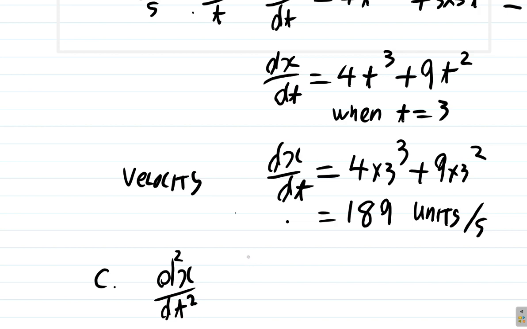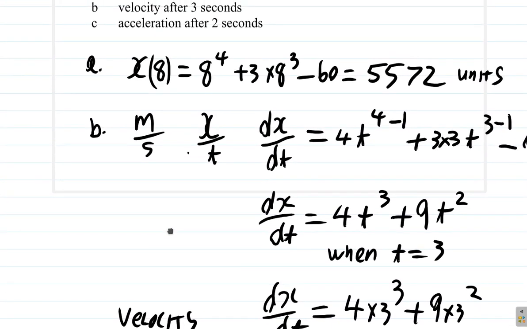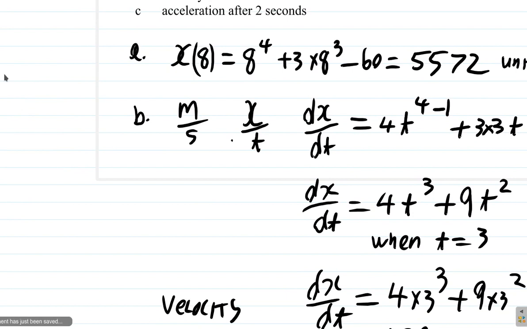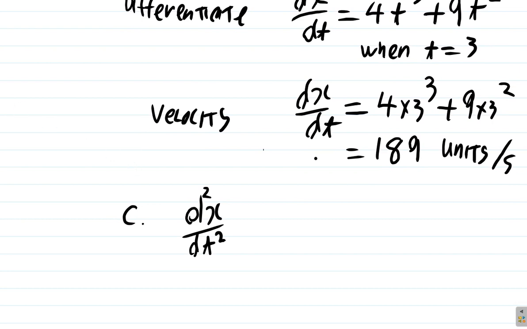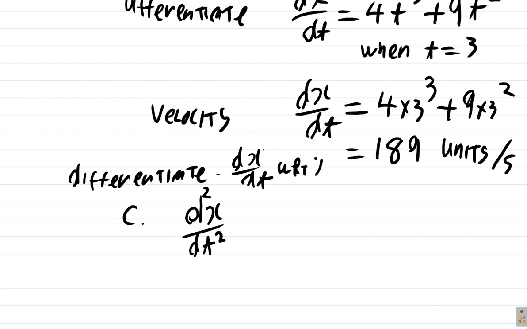Remember, to find velocity we differentiate to get dx by dt. To get acceleration, we differentiate dx by dt with respect to t.